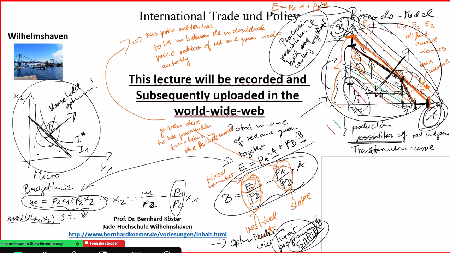And this is, so to speak, some kind of modern interpretation of the Ricardo model. You will not always find this interpretation in other lectures or in standard textbooks. In the Gandolfo, the classical 800 pages international trade textbook, there you find it.